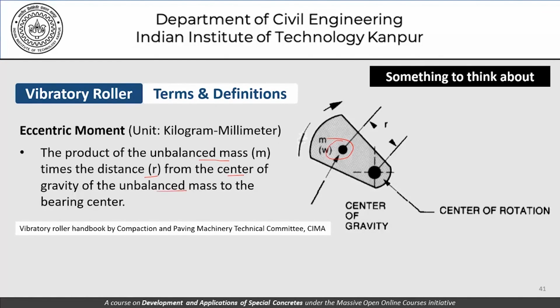So here we have the center of rotation, and here is the center of gravity, and this distance r is what determines the product of m into r, and that's a critical parameter when it comes to characterizing the vibratory roller.